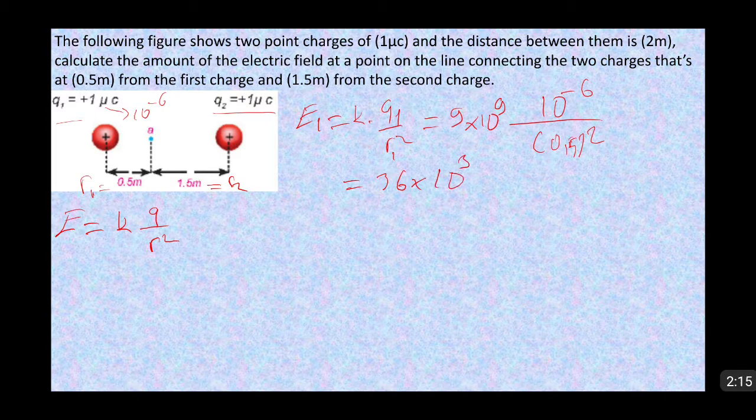The unit is Newton over coulomb, for the Q1 charge.